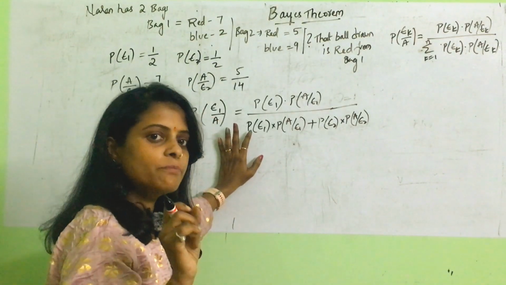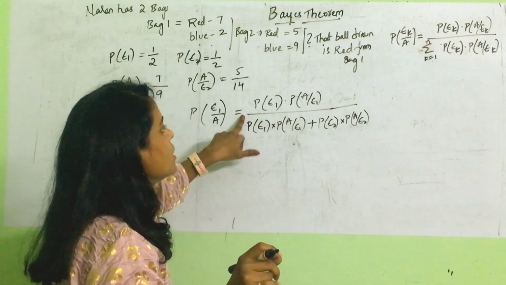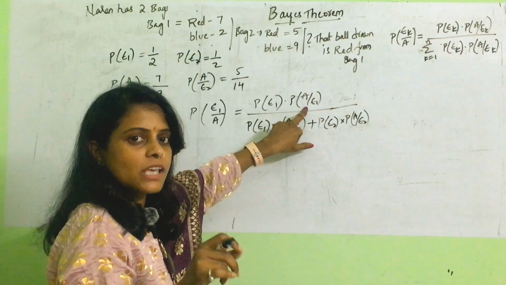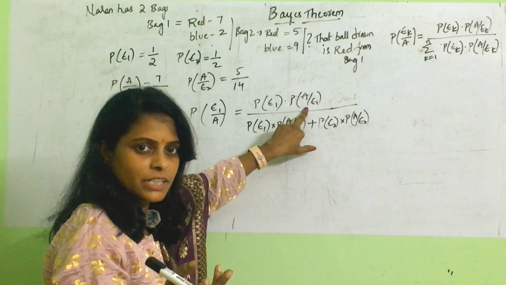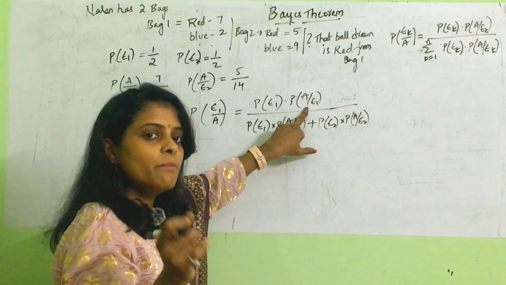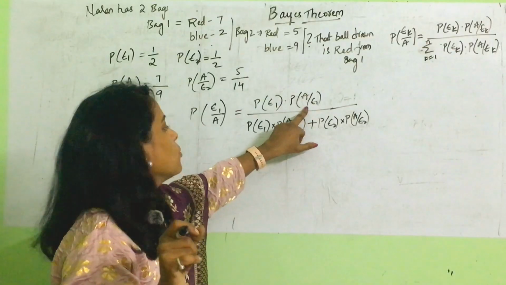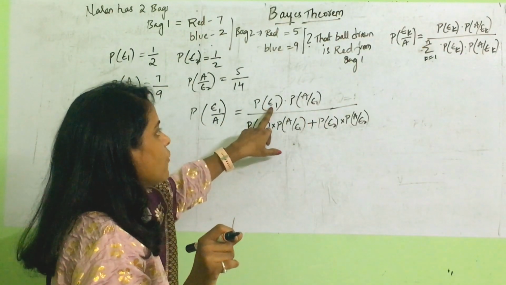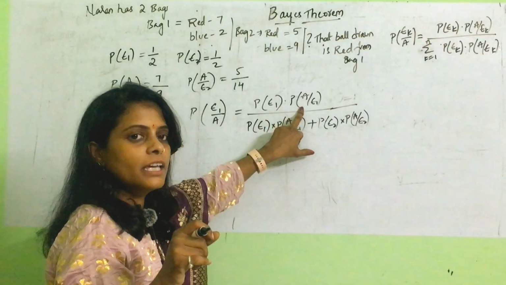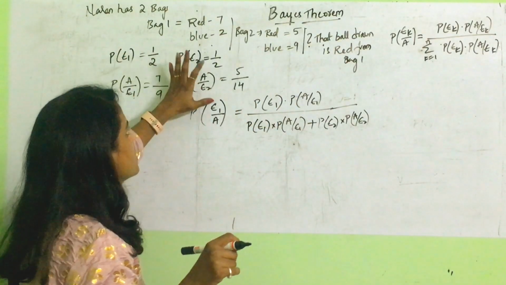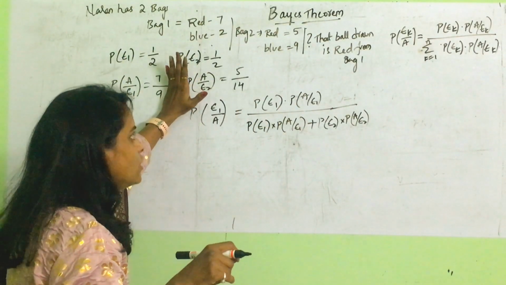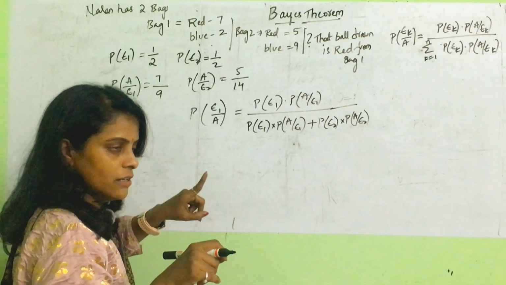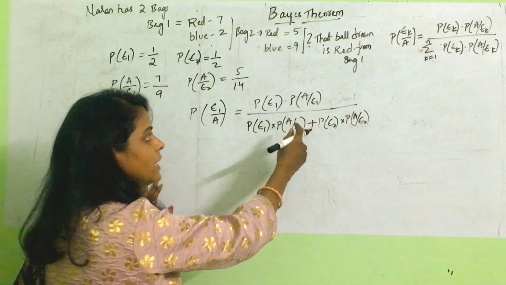Understand the concept here: Bayes theorem always follows an inverse probability, inverse priori we call it. So P of E1 by A equals P of E1 into P of A by E1. Why A by E1? Because we are picking up a red ball from bag 1.